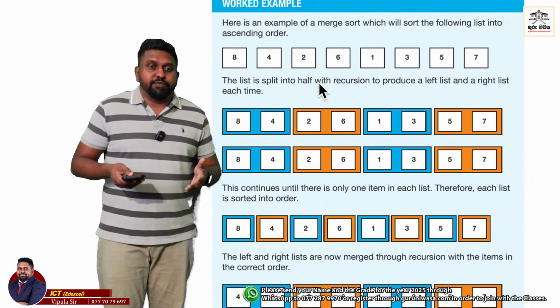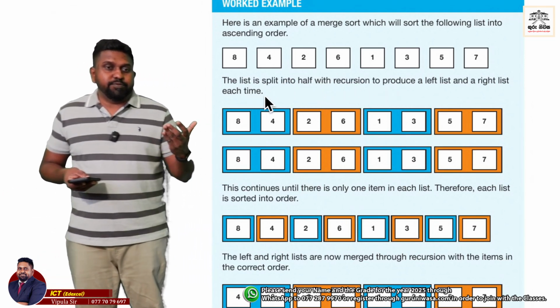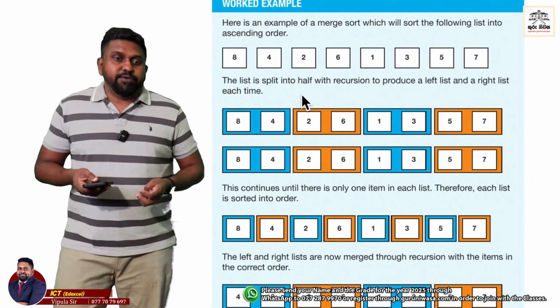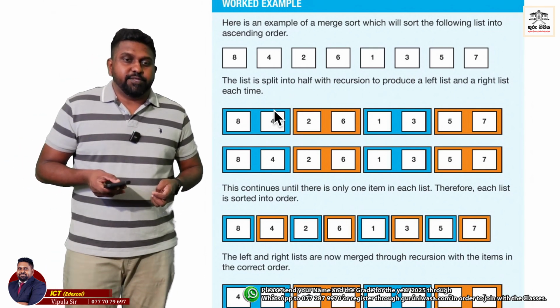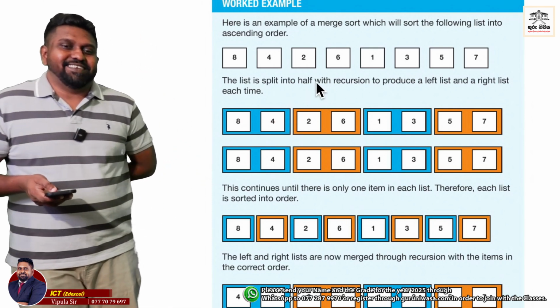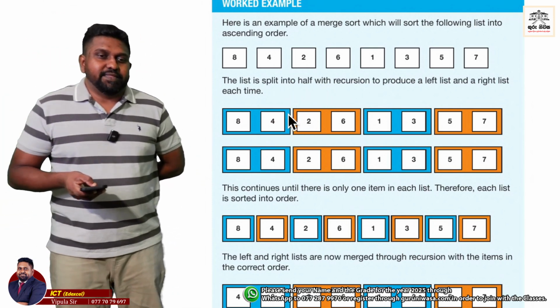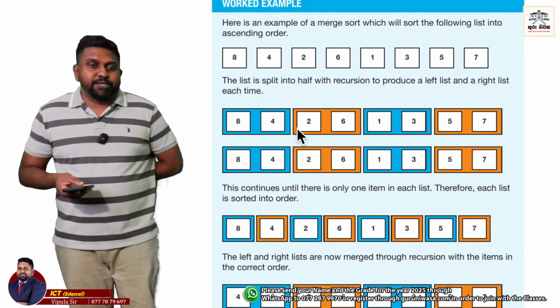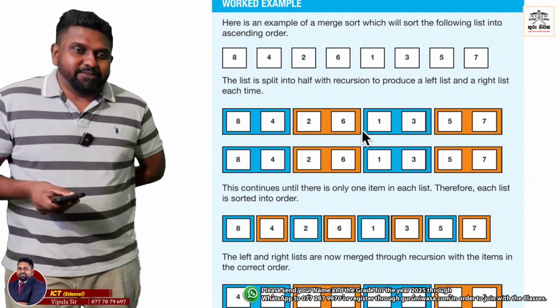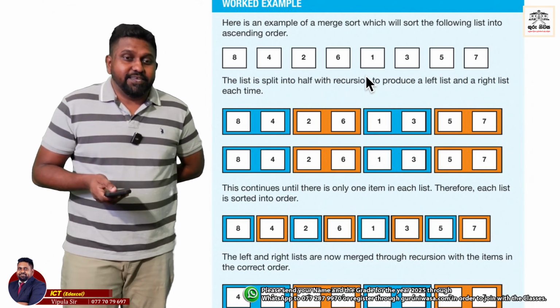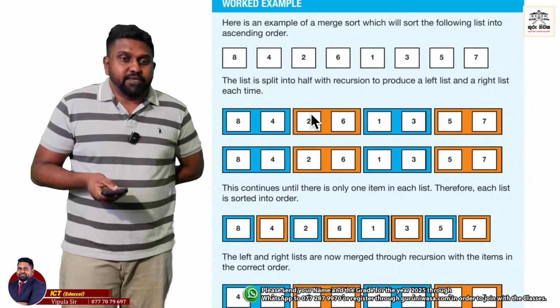So this particular list, you basically split it in half and produce two parts. Here we split this. So we have 8, 4, 2, 6 and 1, 3, 5, 7. So we split it into two parts, and then that is created.